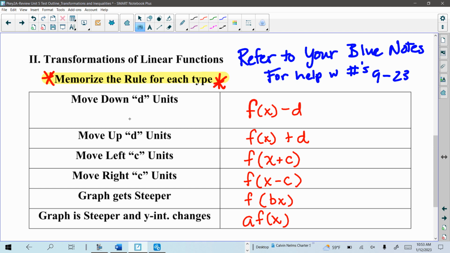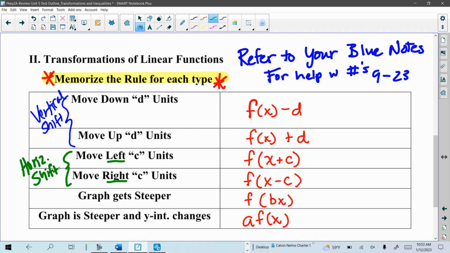Now, sometimes too, I think some of the questions I got so far, whereas understanding if I'm moving up or down, this is talking about a vertical shift. Okay, moving up or down is dealing with vertical shifting. If you're moving left or right, these two here, that's a horizontal shift. So it's just another way of describing the direction.